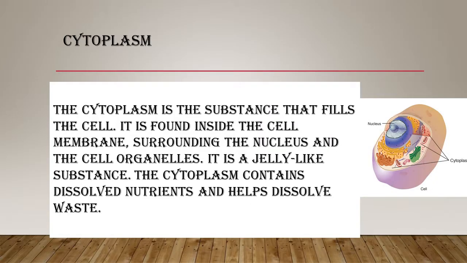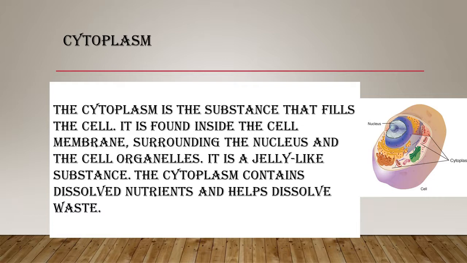After cell membrane, the next thing we have to discuss is cytoplasm. Cytoplasm is the liquid, jelly-like substance present between the cell membrane and the nucleus. As we have seen, the three basic components of the cell are cell membrane, cytoplasm and nucleus.